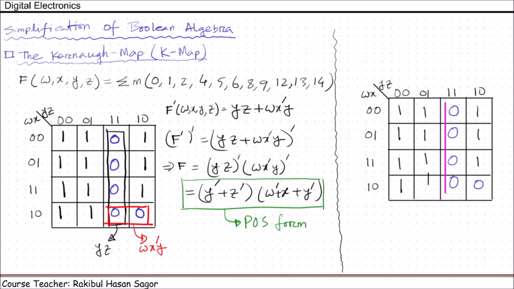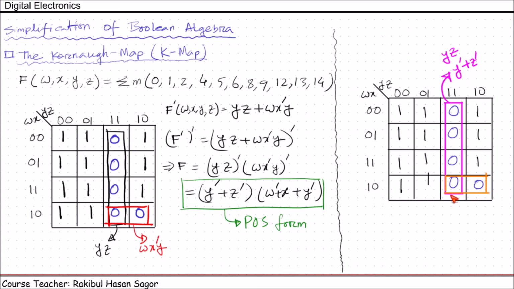So let's map the zeros. These are the two boxes we can take. The name of this box in product form, we know it is YZ. But if we want to name this box in sum form, then this name will be y prime z prime, which was shown in the previous examples.